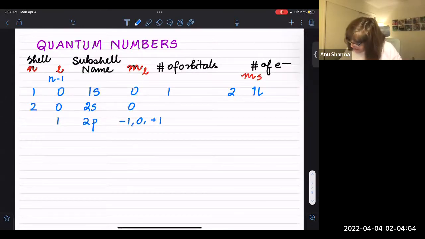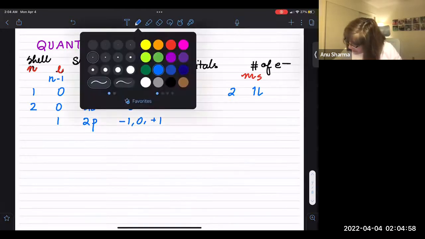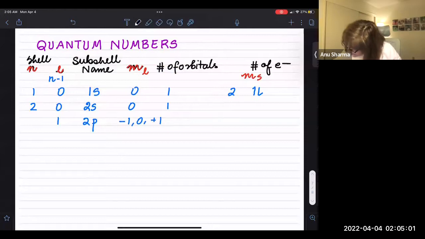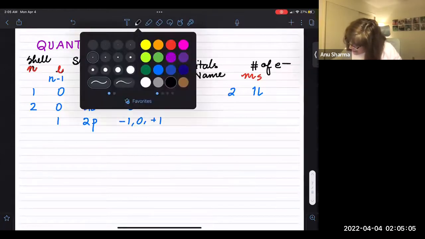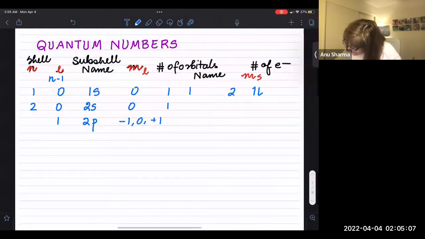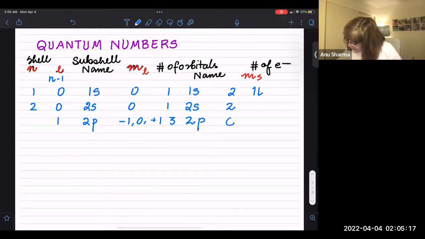Name of the orbitals is 1s, and this one is 2s, and here the orbitals are 3, and the name is 2p. Number of electrons are 2 here, number of electrons are 6.